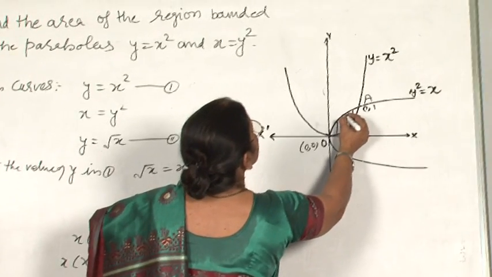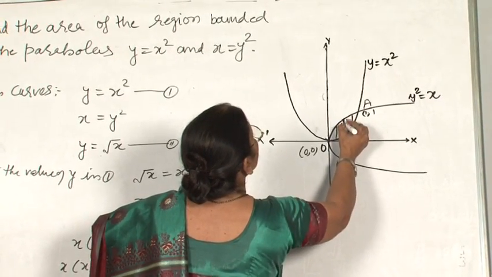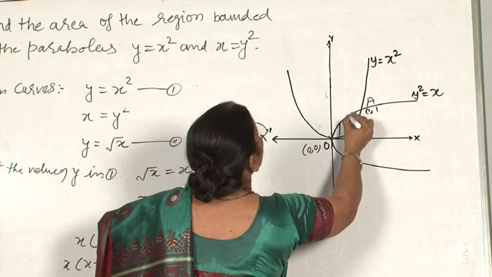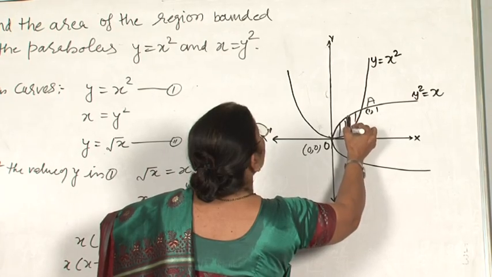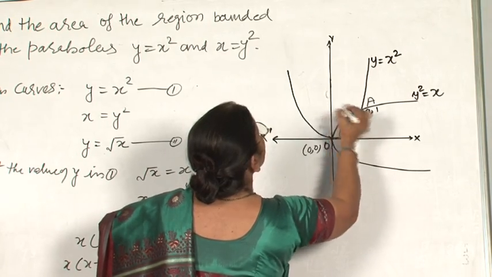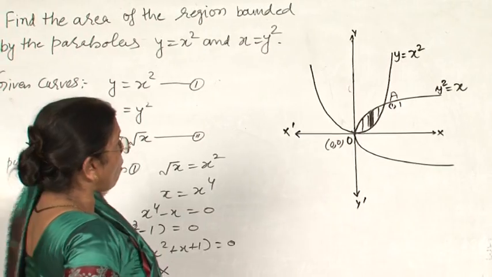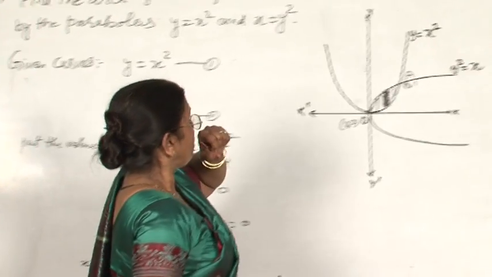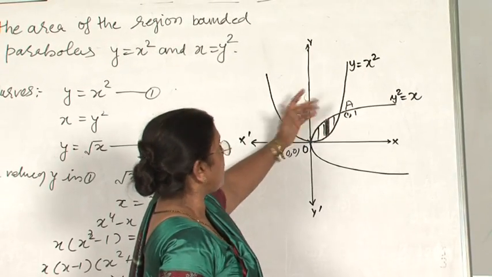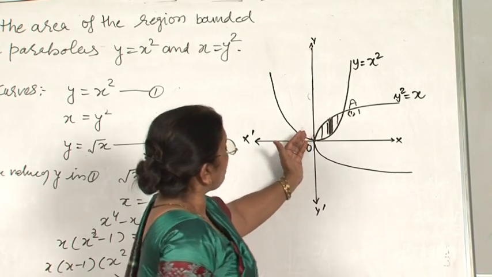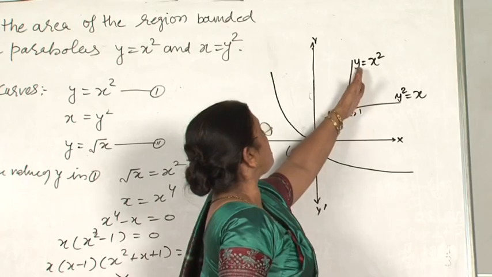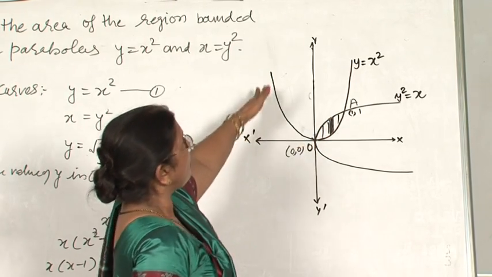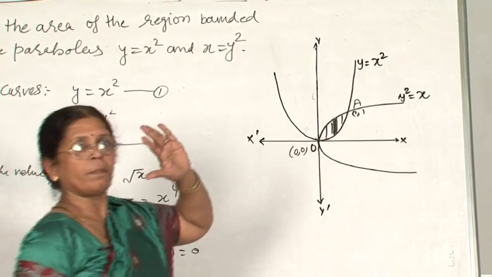So now let us draw a strip parallel to the y axis. The value of y, that is the length of the strip, is the value of y from the y square is equal to x parabola minus the value of y from the x square is equal to y parabola.